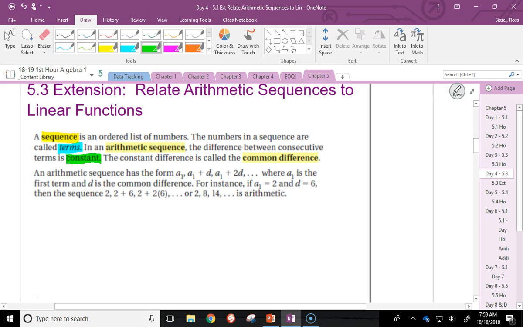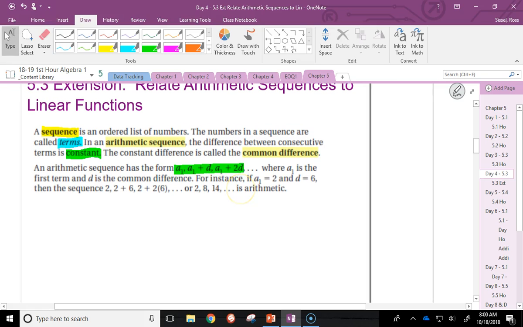An arithmetic sequence has the form A1, then A1 plus D, then A1 plus 2D, where A1 is the first term and D is the common difference. For instance, if A1 was 2 and the difference was 6, the sequence would be 2, 2 plus 6, 2 plus 2 times 6.